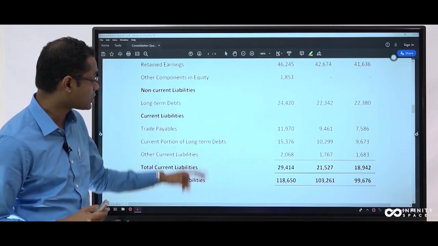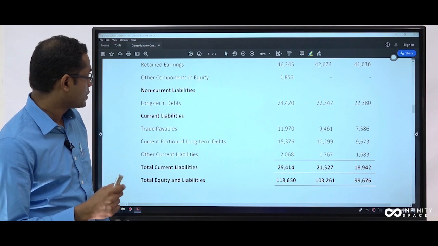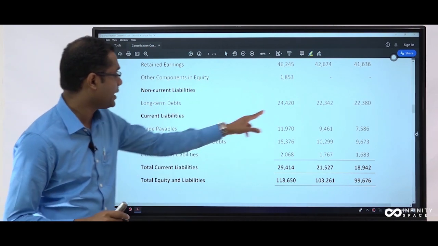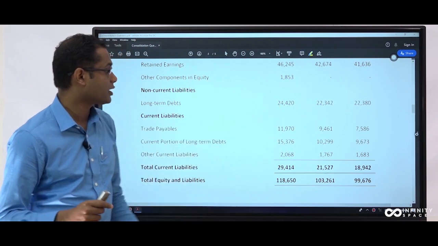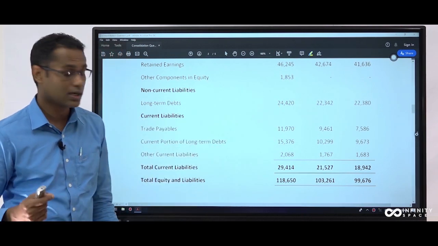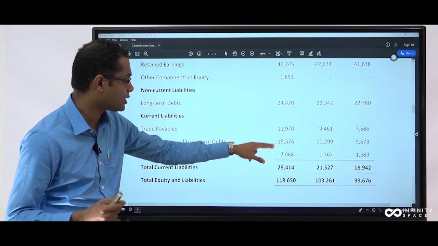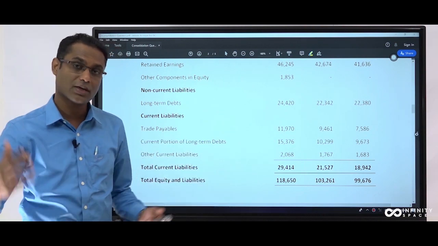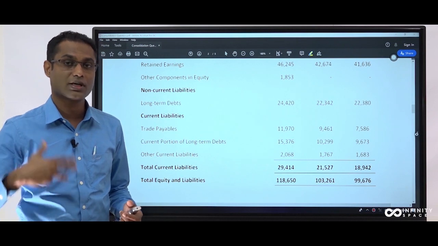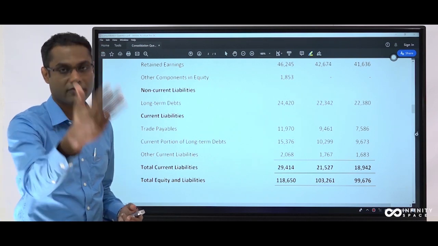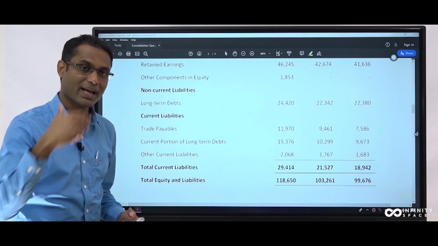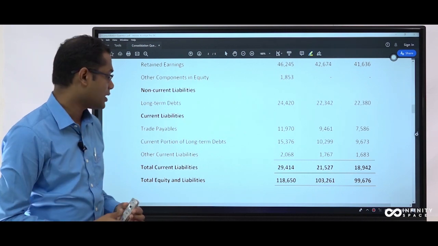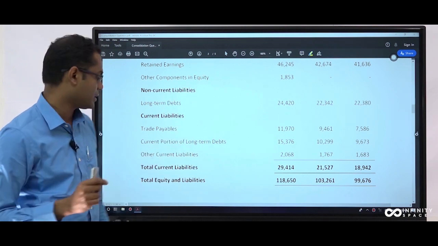Then the current portion of the long term debt. If you look at the long term debt, you have a balance of 24,420 under the non-current liabilities, and under the current liabilities 15,376. This is the amount out of the total long term debt to be paid in the next financial year, which you include under the current liabilities.